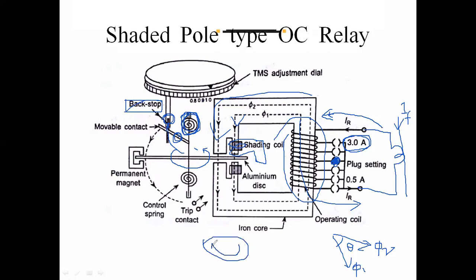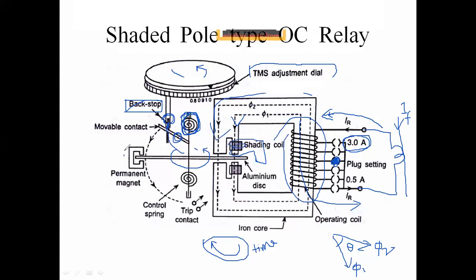After a complete rotation, it will take some time. Therefore, it is called a time delay over current relay. This time can be set by the time multiplier setting, TMS. By changing the time dial, you can change the time of operation.